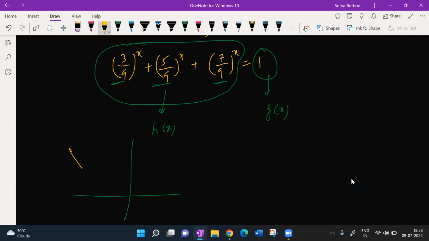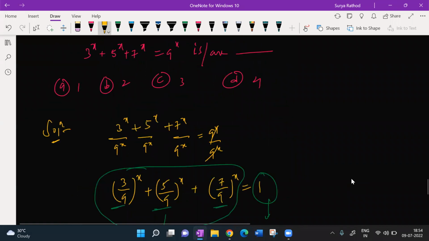A decreasing graph like this. And how is the constant graph going to be? Constant function. It will be somewhere here. x is equal to 1 is nothing but somewhere here. All right. At how many points is it touching here? The number of intersecting points is going to be the number of solutions. This is my exponential graph, beta. This is the h of x graph and the straight line is the g of x graph. It is touching at one point. So one solution. One solution is the right answer. Option A is correct here.